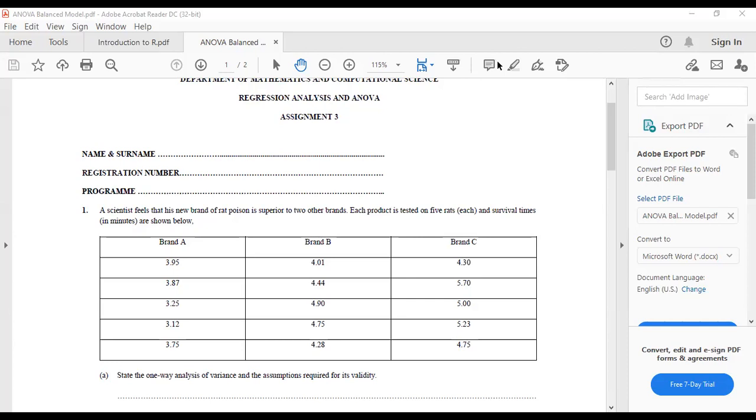For example, we calculated the mean for each treatment. We go to Y bar 1 dot, which was 3.588. Y bar 2 dot, which was 4.476. Y bar 3 dot, which was 4.996. That is a descriptive statistic.